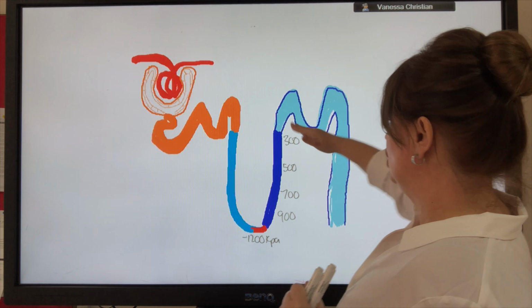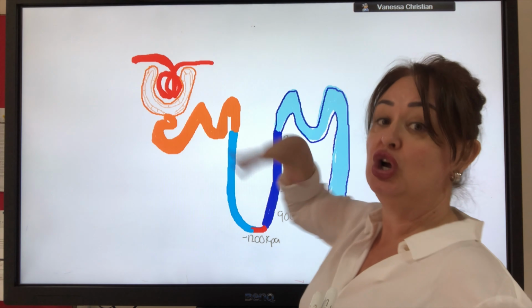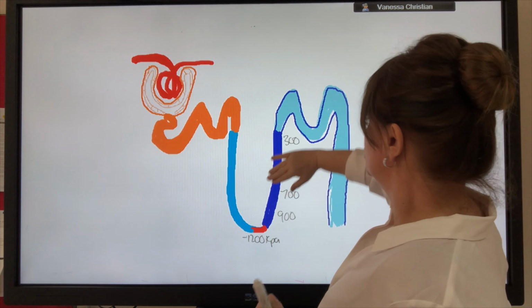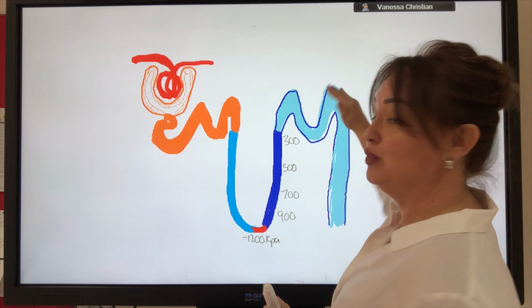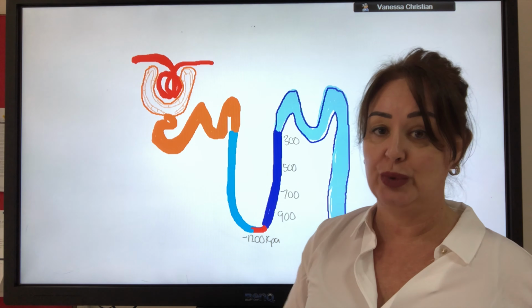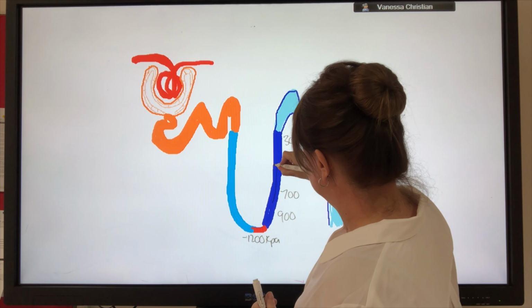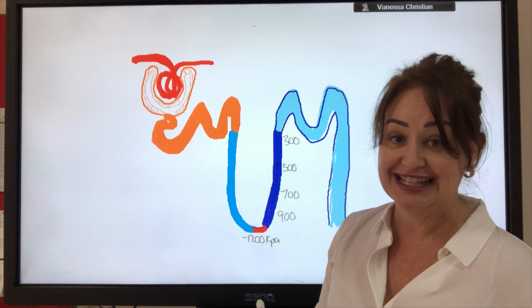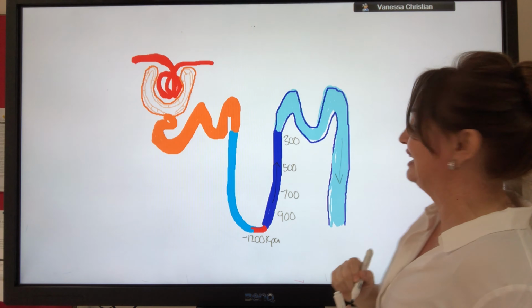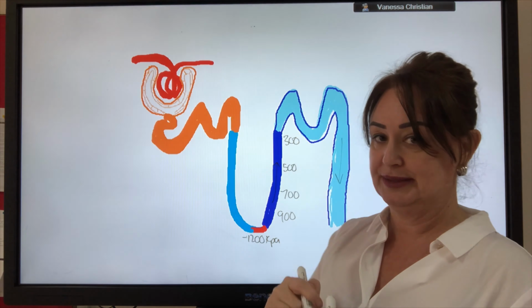We've now reabsorbed a lot of our water through the distal convoluted tubule under the influence of antidiuretic hormone. So now as the filtrate moves through, we want to continue to absorb the last bits of water. How do we do that? Well, we've already said that we've got filtrate moving in that direction, and coming down here we've got filtrate moving in that direction. It is countercurrent.